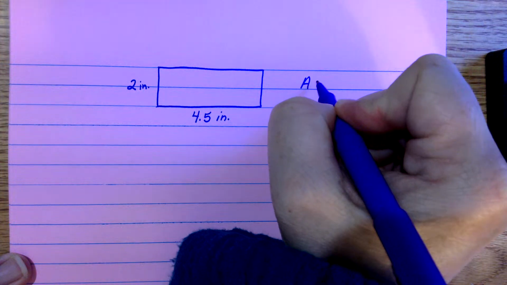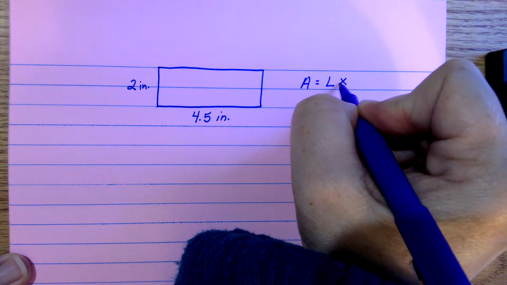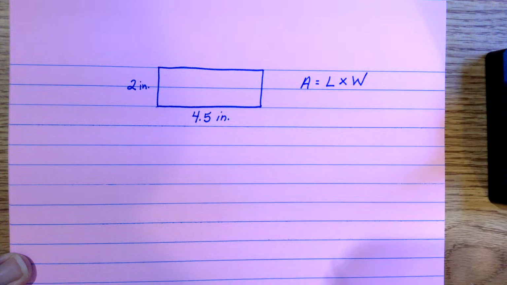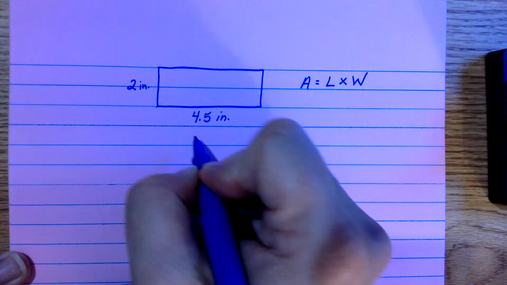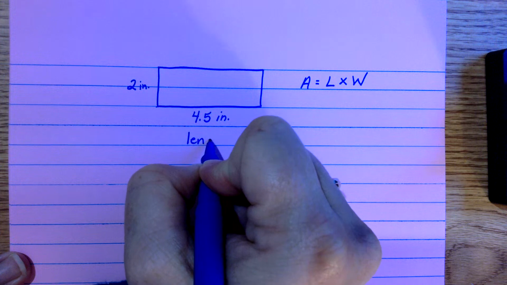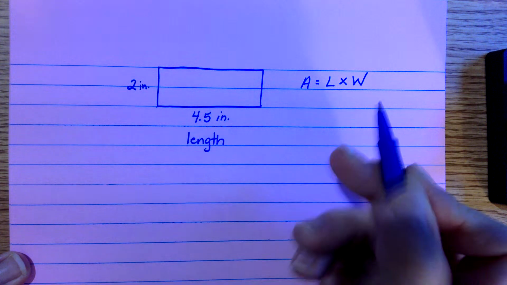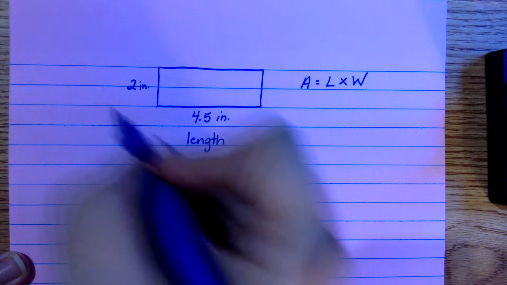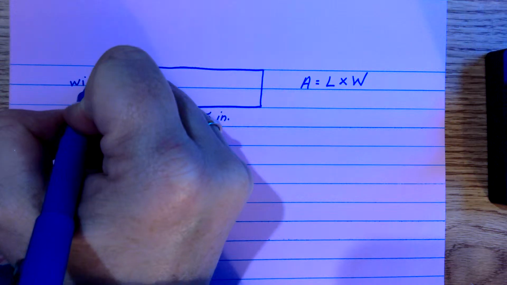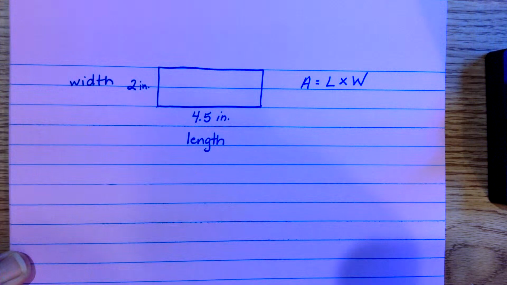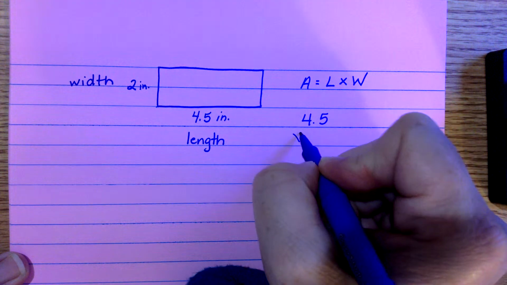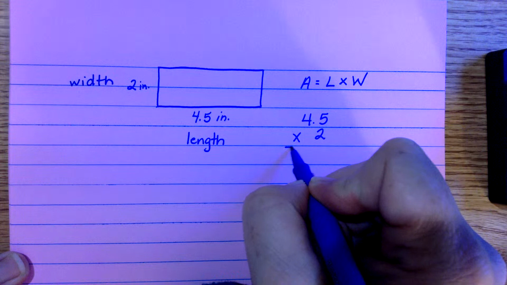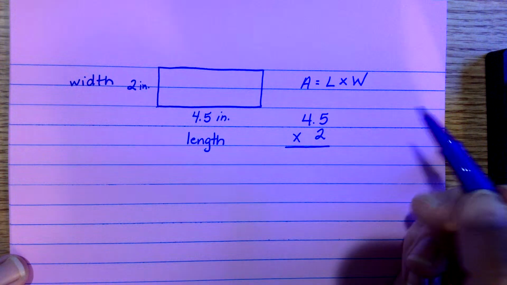Remember that area equals length times width. Our length is 4.5 inches and our width is 2 inches. So we're going to multiply 4.5 times 2 to get the area in square inches.